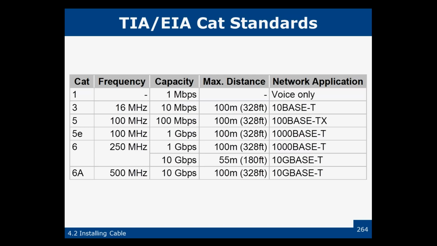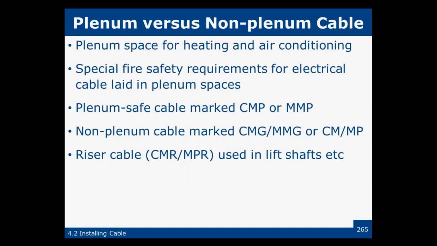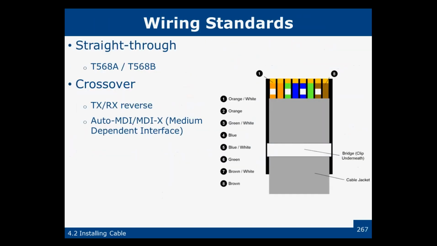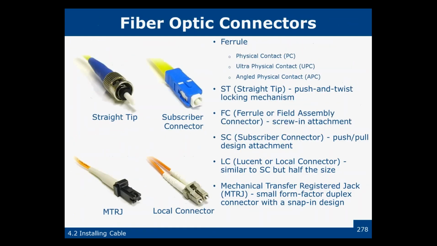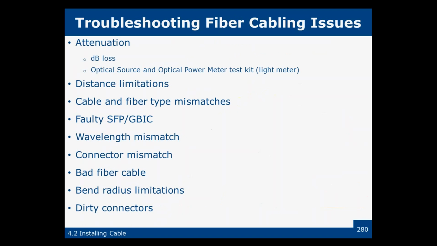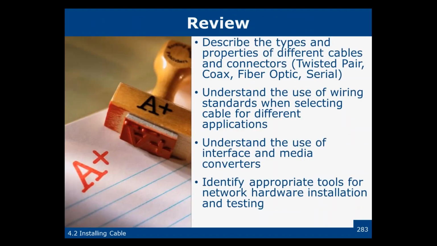True or false, CAT standards apply only to wiring? True. Really? That'd be a trick question. What about the receptacles? What about the connectors that interconnect these things? They all have CAT standards too.